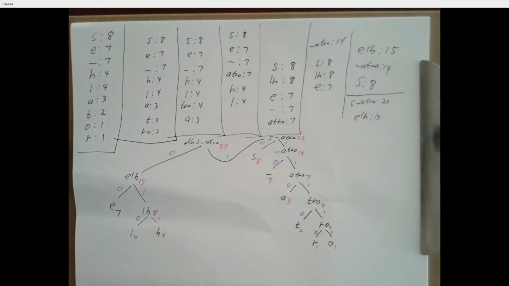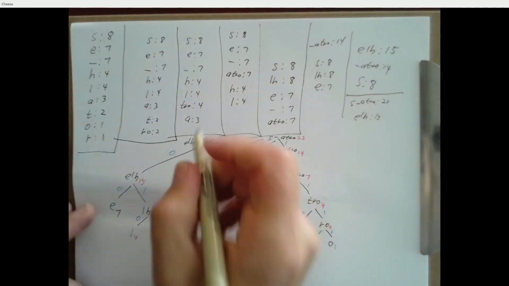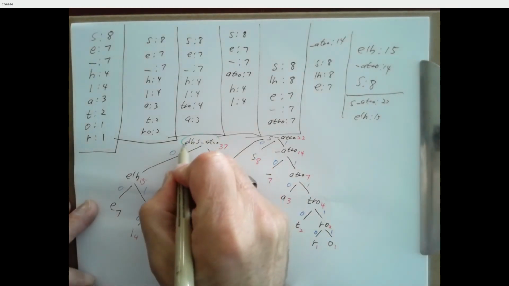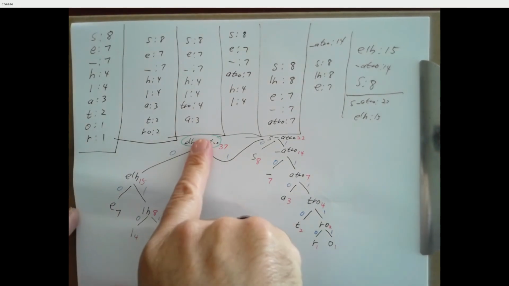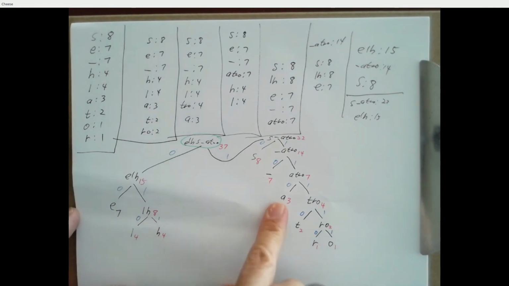Okay, now we want to code up our original message. When you want to code something, you basically begin at the root, which is right here, and you follow the path from here to whatever leaf node you're after, right?